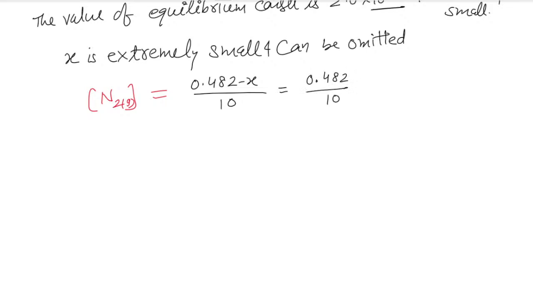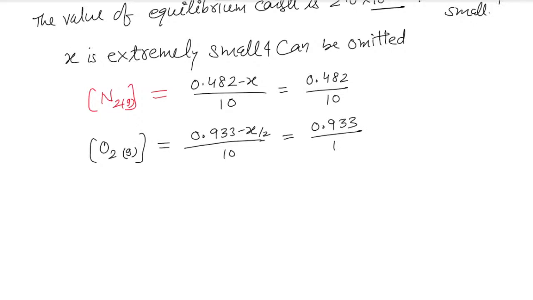So, it is actually 0.482 divided by 10. And for O2 gas, it is 0.933 minus x by 2 divided by 10. So, now it is 0.933 divided by 10.